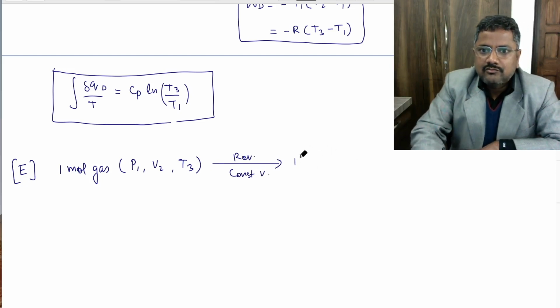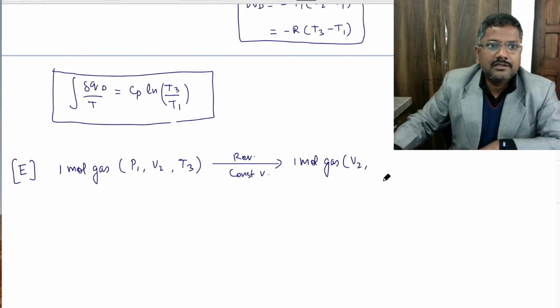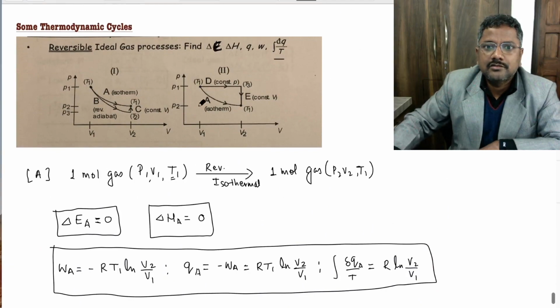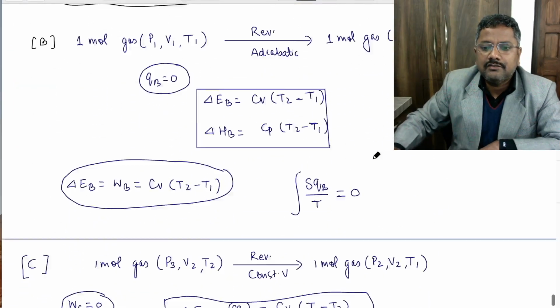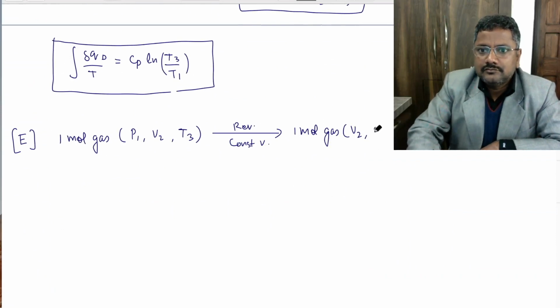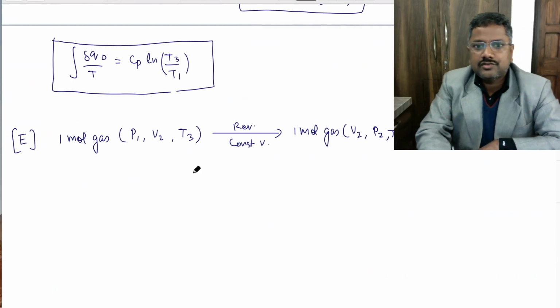So 1 mole gas, V2, and this time pressure is P2, and T1. So P2, T1, right?